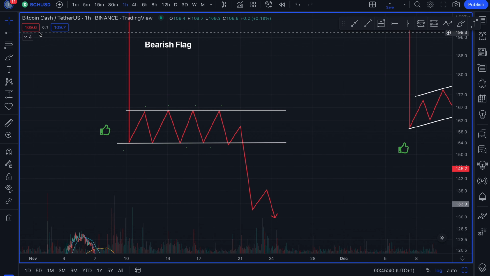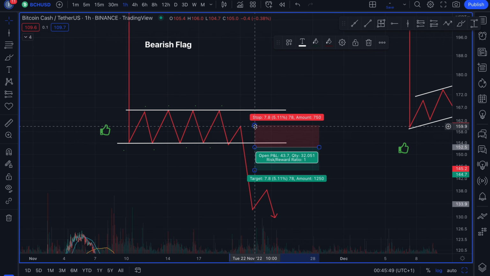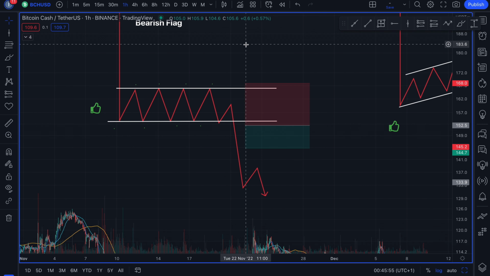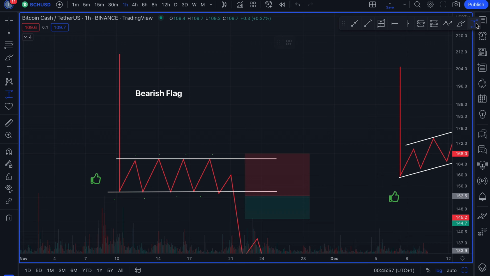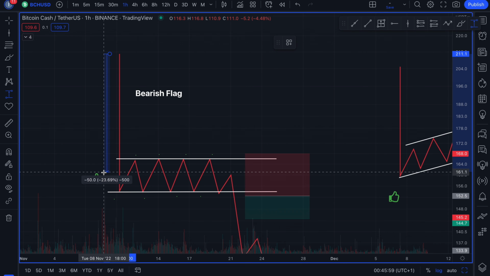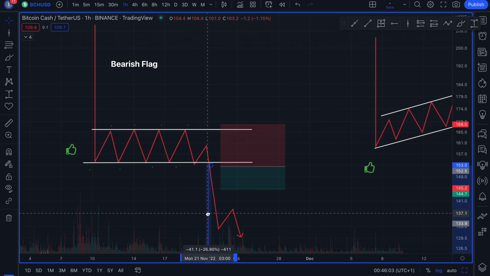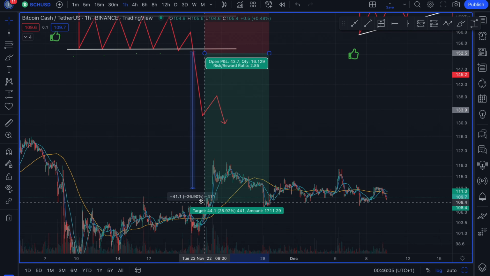And after you see the breakout, an actual breakout with normal candles, everything's fine, you open your short position, you put your stop losses above the opposite border, and your target will be the same as the distance of this candle, okay? So it will be your target price, like this.